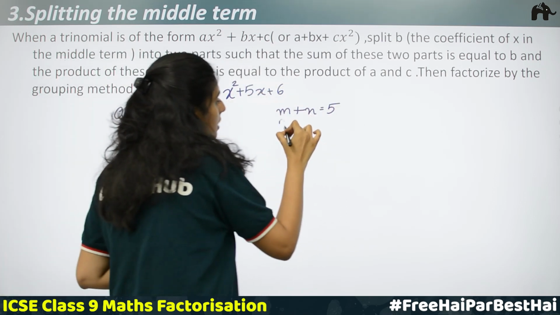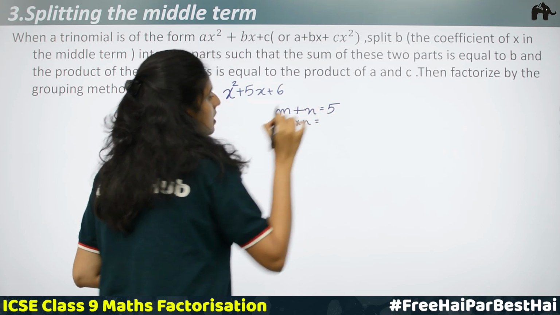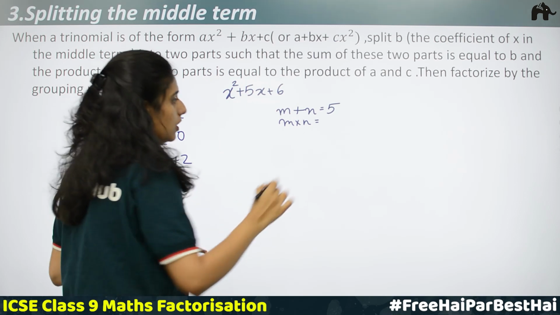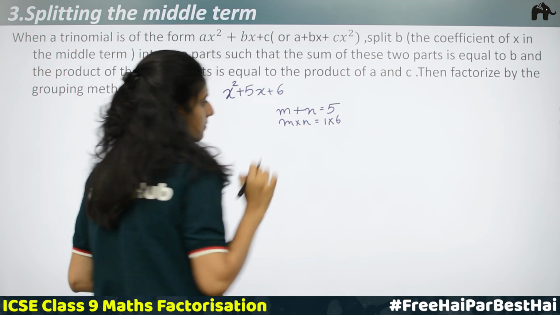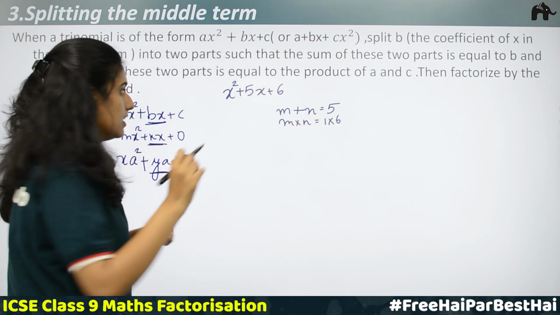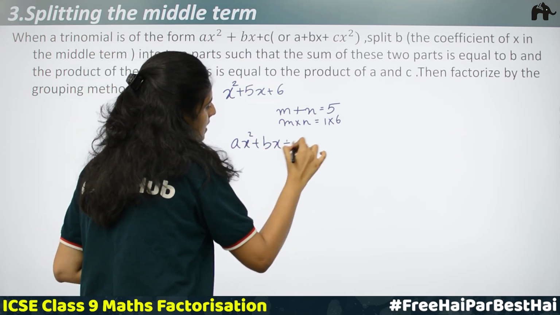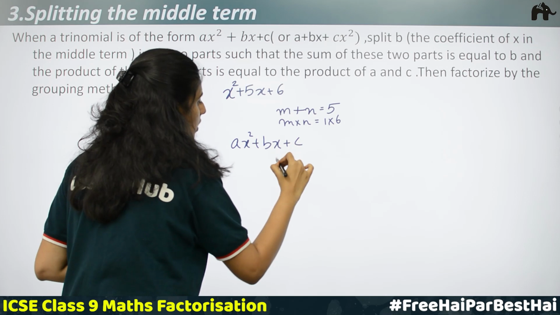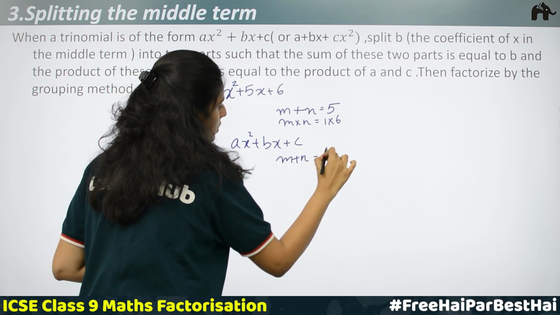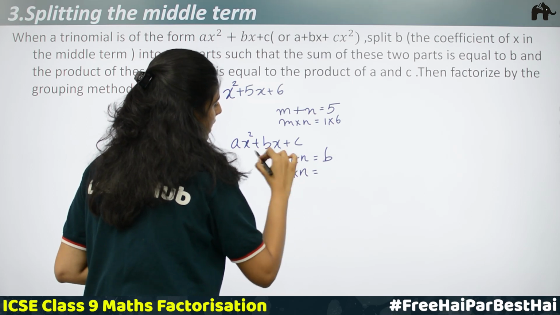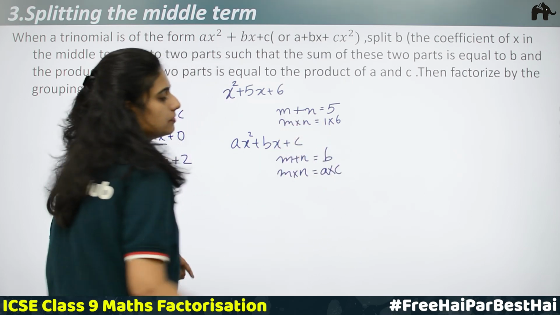And when you take the product of these two numbers, you should get 1 into 6. Understood? That is, if the expression is ax square plus bx plus c, then when you take m plus n, you should get b, and when you take m into n, you should get a into c.